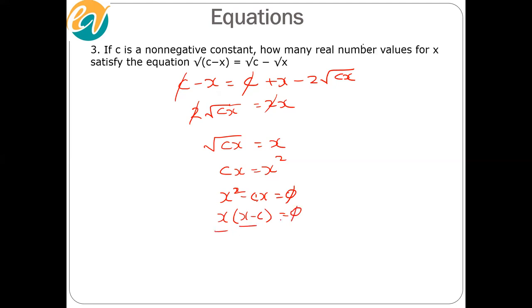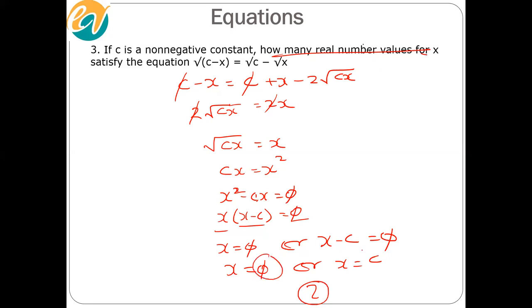Product of two expressions is 0. When will the product of two expressions be 0? If first is 0 or second is 0, which means x is equal to 0 or x is equal to c. So how many real number values of x satisfy? 2, right? 0 and the constant itself.